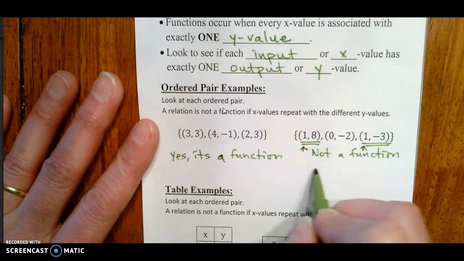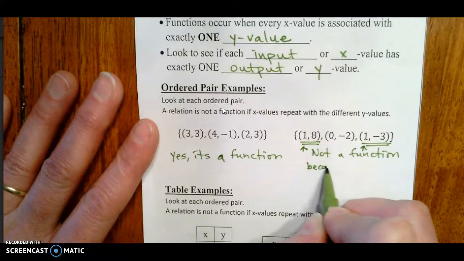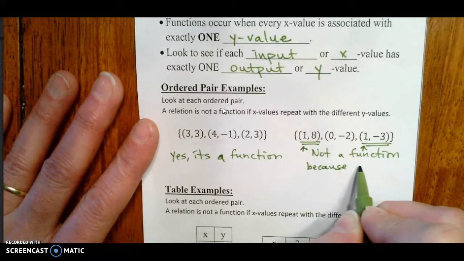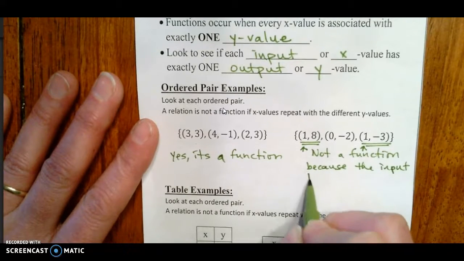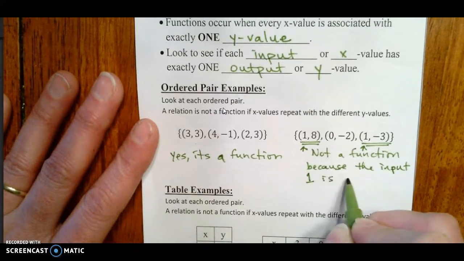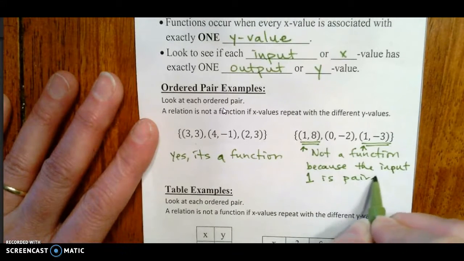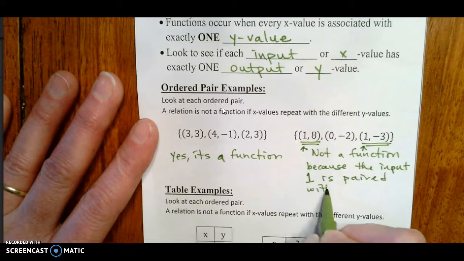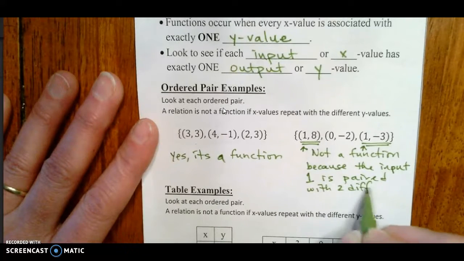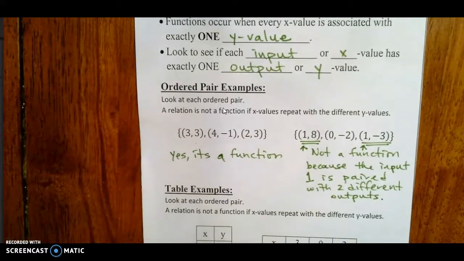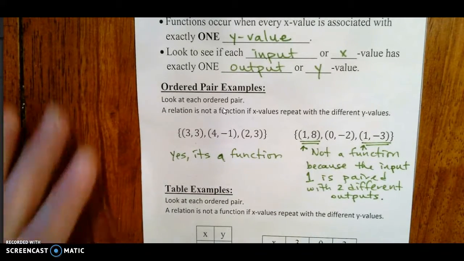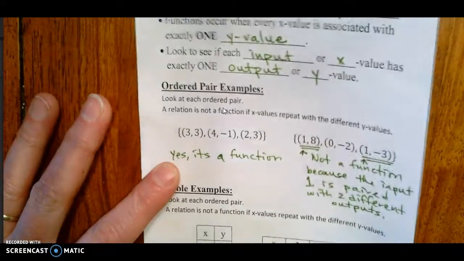So it is not a function because the input 1 is paired with 2 different outputs. And that's not allowed with a function. Remember, it's exactly one y value for each x value.